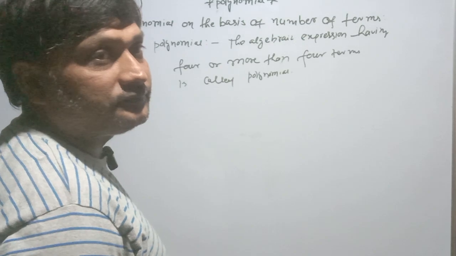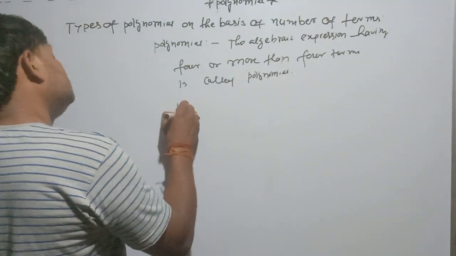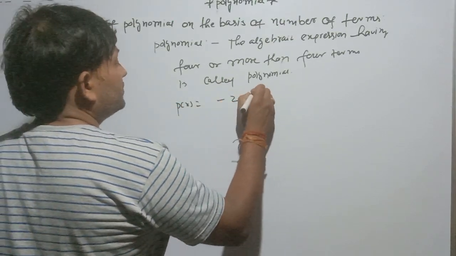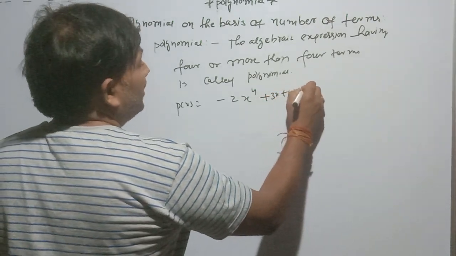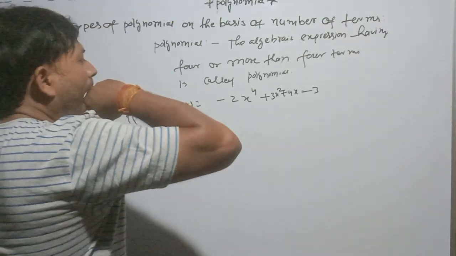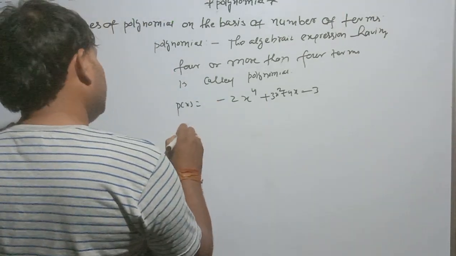Done. For example, p(x) = minus 2x to the 4 plus 3x plus 4x square minus 3. Or we can take another example.